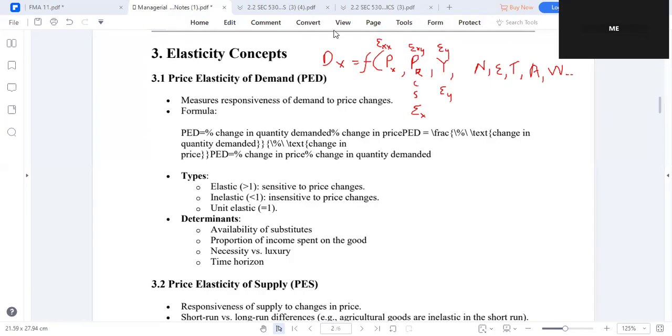We're going to look at the three types of elasticity, and we'll start with price elasticity of demand. Price elasticity of demand has three types. We have what we call elastic demand. This is when elasticity is more than one.